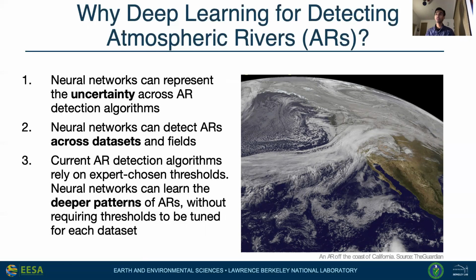These 3 criteria are: first, neural networks should represent uncertainty across different existing AR detection algorithms. Second, they should detect the same AR structure in different data sets and fields. And third and finally, current AR detection algorithms are based on thresholds chosen by experts. Neural networks should learn the deeper patterns of atmospheric rivers and should not be learning to replicate a threshold.